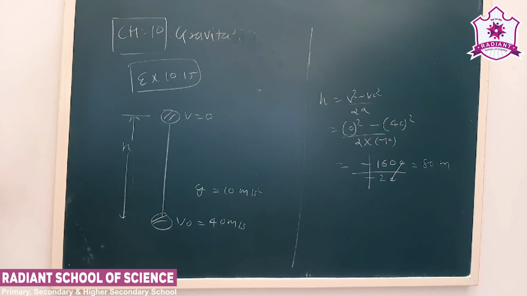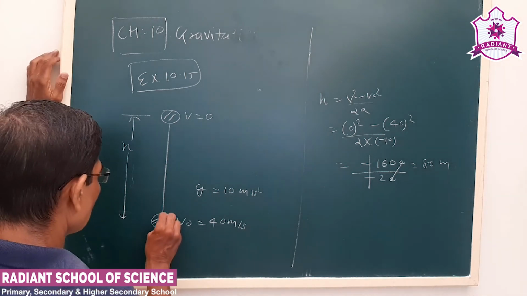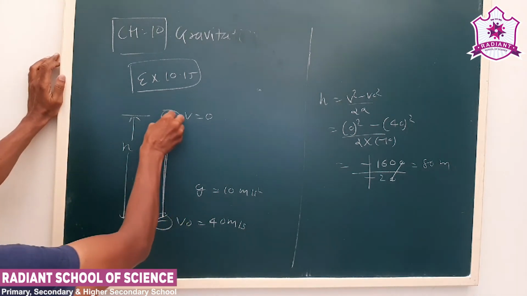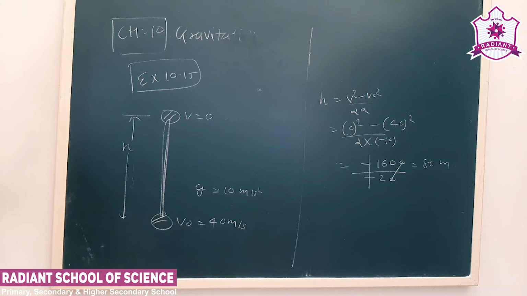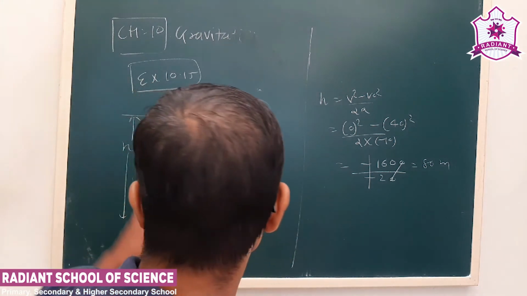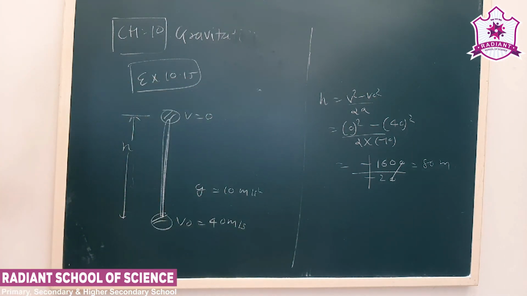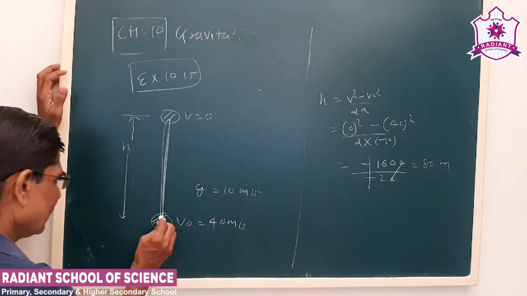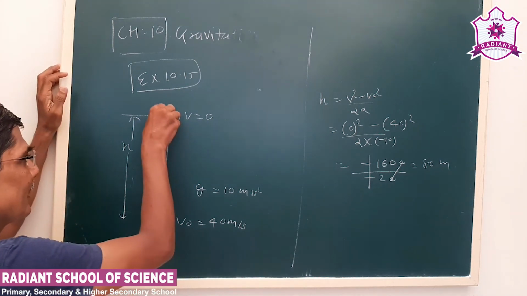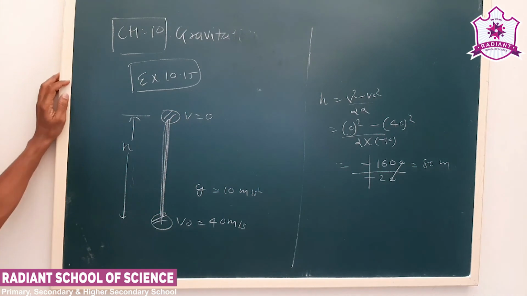Second part of the question: net displacement. See, it is thrown in a vertically upward direction. We calculated the maximum height attained. Now the second part of the question, the displacement and the distance covered. The stone is thrown in vertically upward direction. It will come back to the same point.